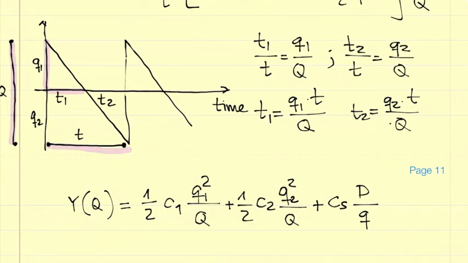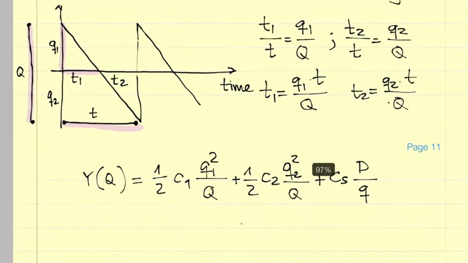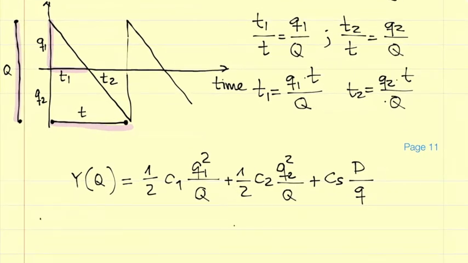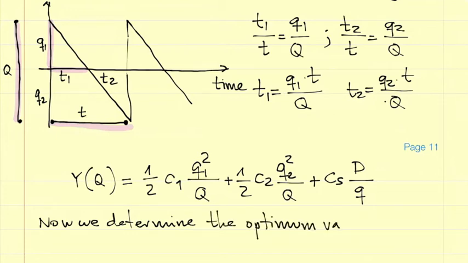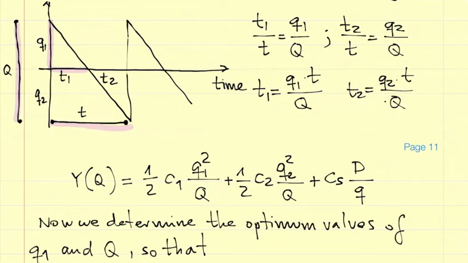And in order to determine the best values of Q1 and Q2, we determine the optimum values of Q1 and Q so that Y of Q is minimum.